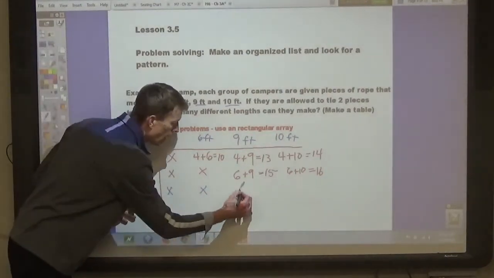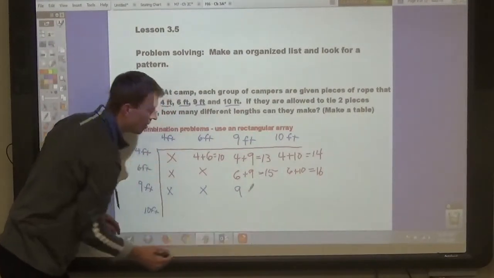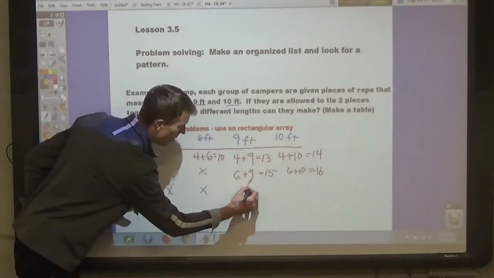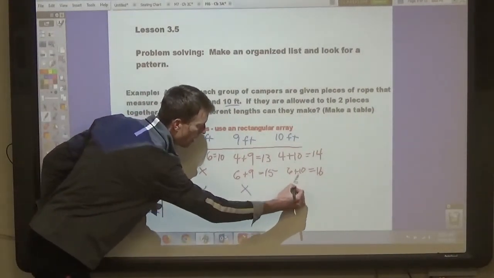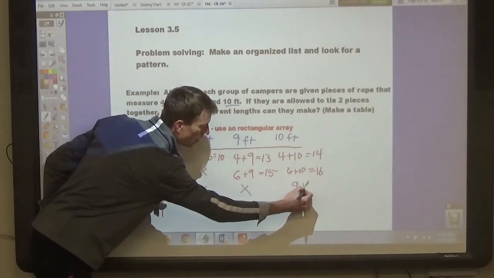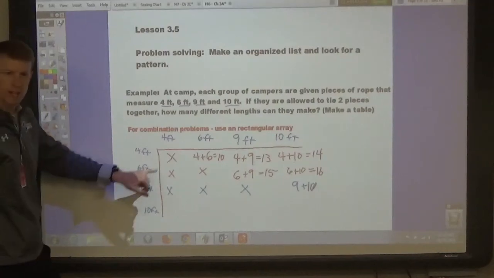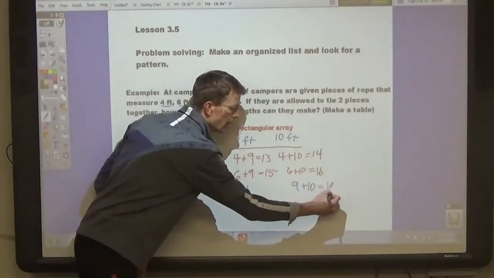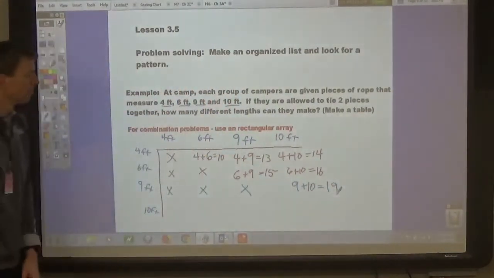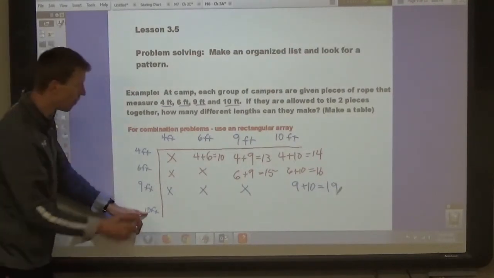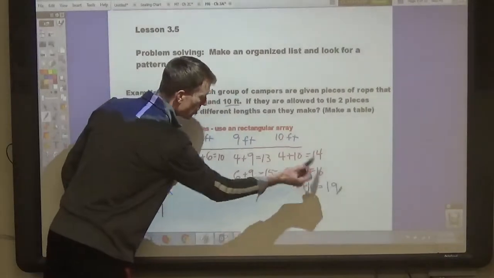But we don't have a 9. Oh, we can't attach the 9 to the 9. But we can attach the 9 to the 10. The 9-foot rope to the 10-foot rope makes a 19-foot rope. And then the 10-foot rope has already been attached to the other 3.